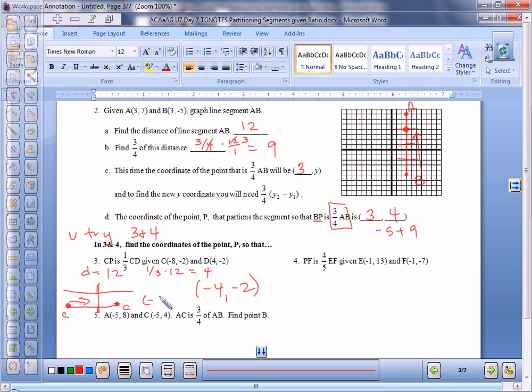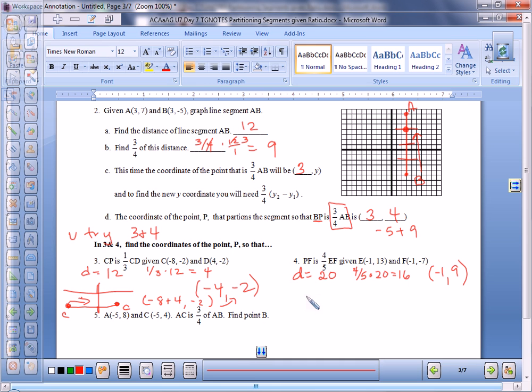Okay? All right, the next one is -1, 9. All right, let's look at it. The distance is 20. So 4/5 of that would be 16. When we think about this one, it kind of looks like this.